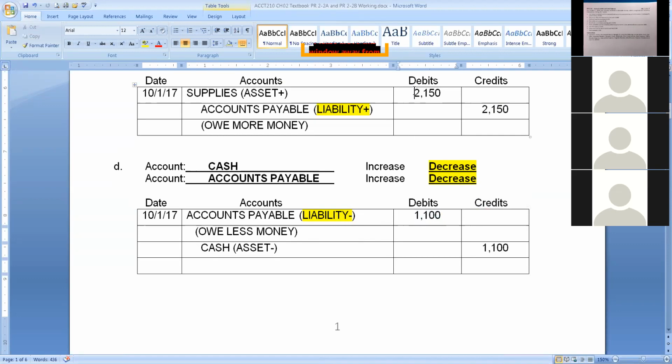So you can think about how much we still owe. Let's see. We owed $2,150, and we paid $1,100.